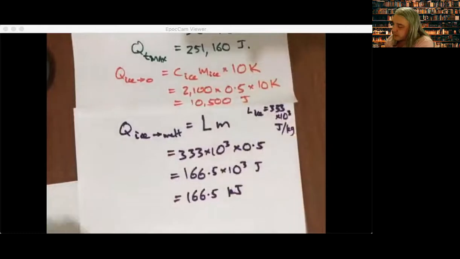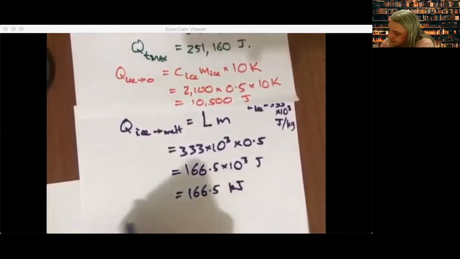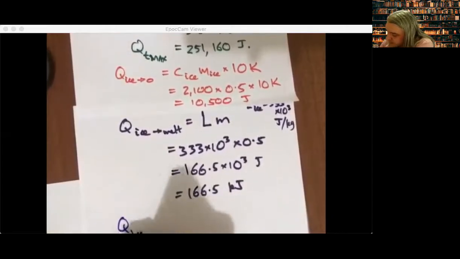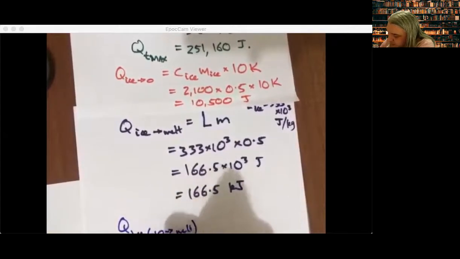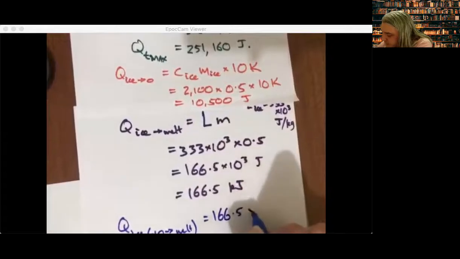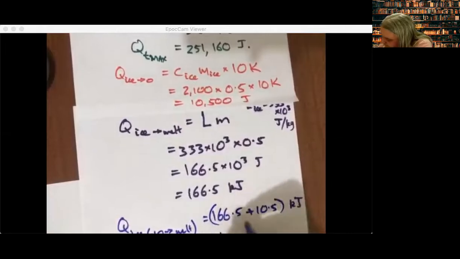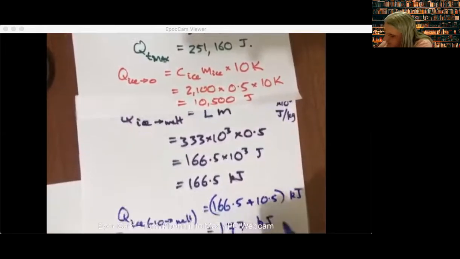So let's see what temperature the tea would be once it has melted that ice. The total for the ice from minus 10 up to melted is equal to both of these together, 166.5 plus 10.5 kilojoules, which is 177 kilojoules.